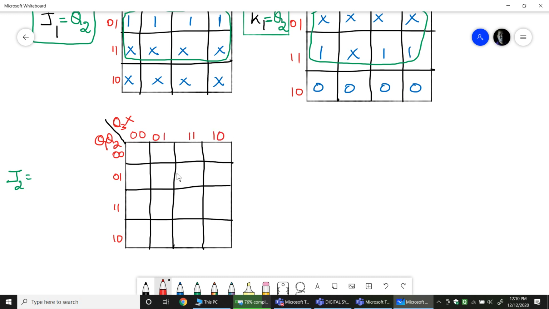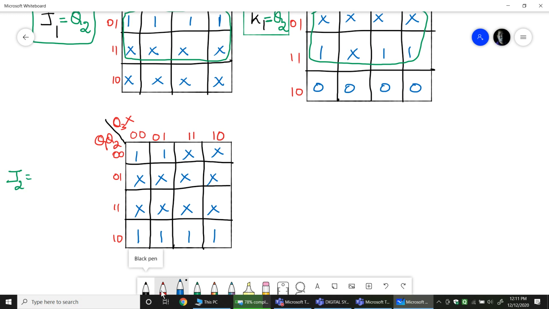So if I look into the table and if I enter for J2, I will be getting 1 1 X X. All these are don't care. This is also don't care, and then all these are 1.